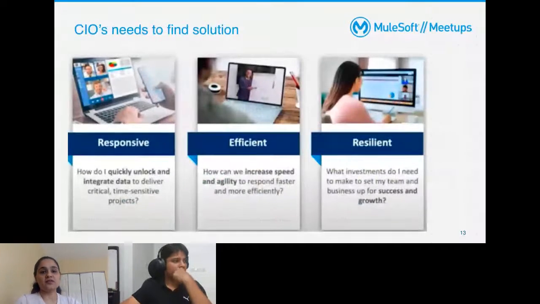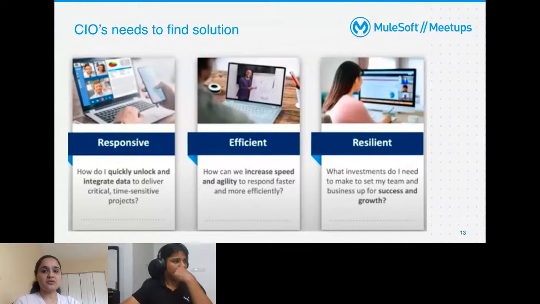So what CIOs are really focused on is finding a solution for making their organization and their services responsive, very efficient, and very resilient.